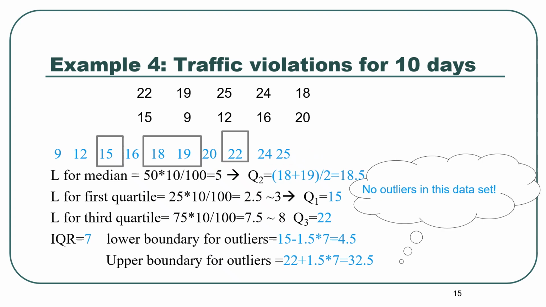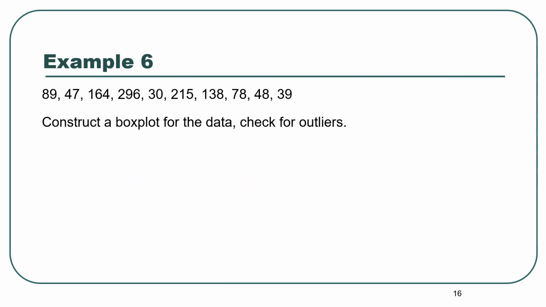So no outliers here. I can just go ahead and graph my box plot very easily without any outlier, which would extend from the smallest observation till the highest observation. From 9 to 25 my whiskers will be, and inside the box it would be exactly at the position of those values we have found.